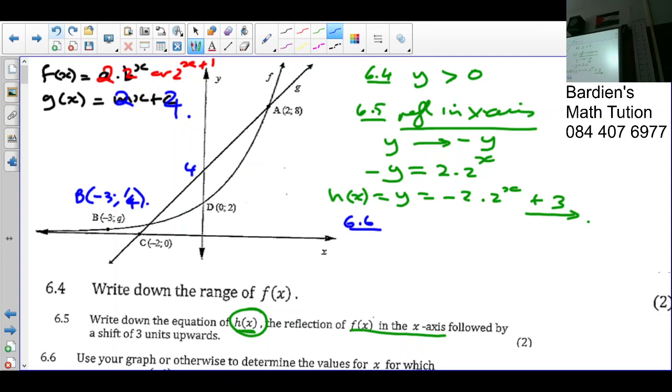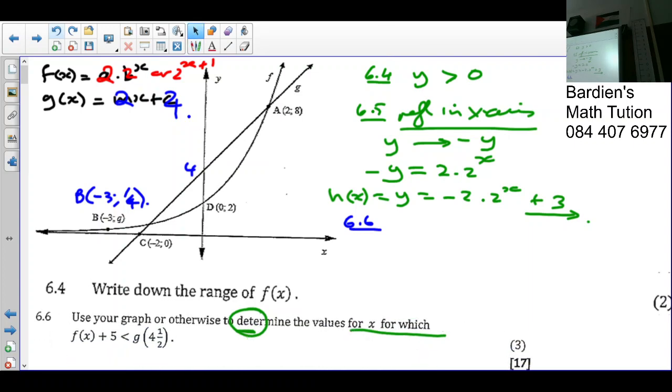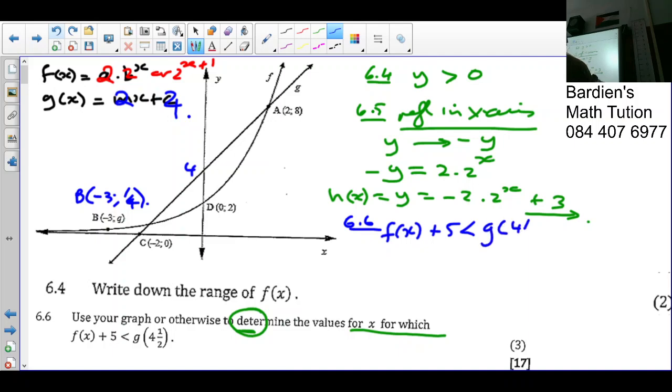Right. 6.6. Use your graph or otherwise to determine the values of x for which f of x plus 5 is less than g of 4.5.